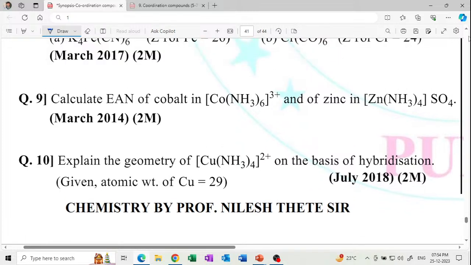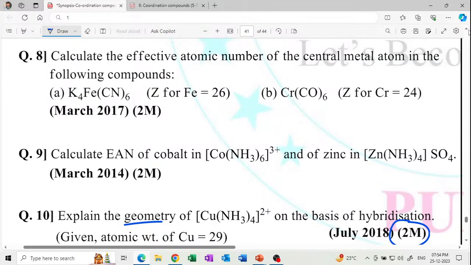Next is explain the geometry of the [Cu(NH3)4] 2+ on the basis of hybridization. Geometry, so this is the hybridization VBT part. This is the VBT, valence bond theory. Calculate the effective atomic number of Co and Zn in so and so compound. So this is the cobalt. Cobalt has the atomic number 27. What is the oxidation state? +3. So this is 3. And what is the 12? So this is 24, 24 plus 12.